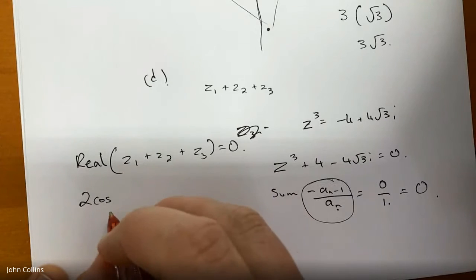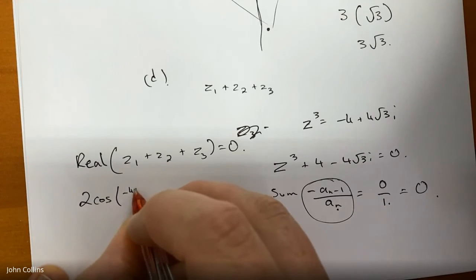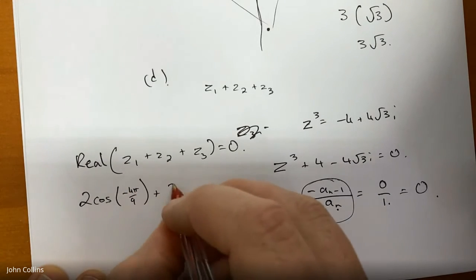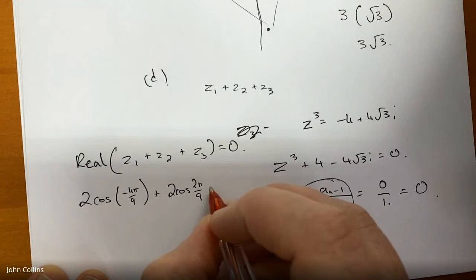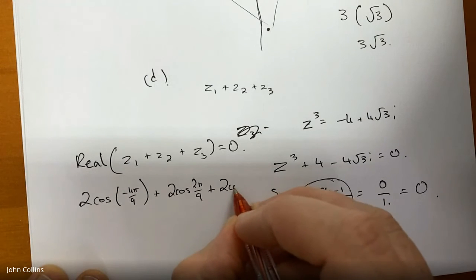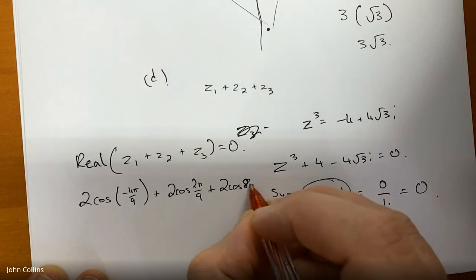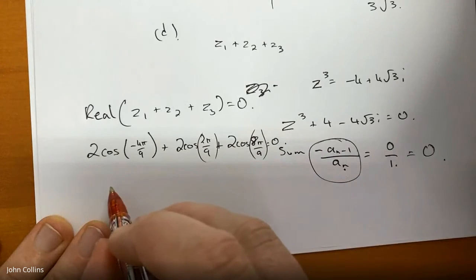Minus 4 pi over 9 and minus 4 pi over 9 plus 2 cos 2 pi, etc. And then 8 pi over 9, and that's equal to 0. And then we can just get rid of all the 2's and divide everything by 2. And cos of negative 4 pi over 9 is the same thing as cos of 4 pi over 9.